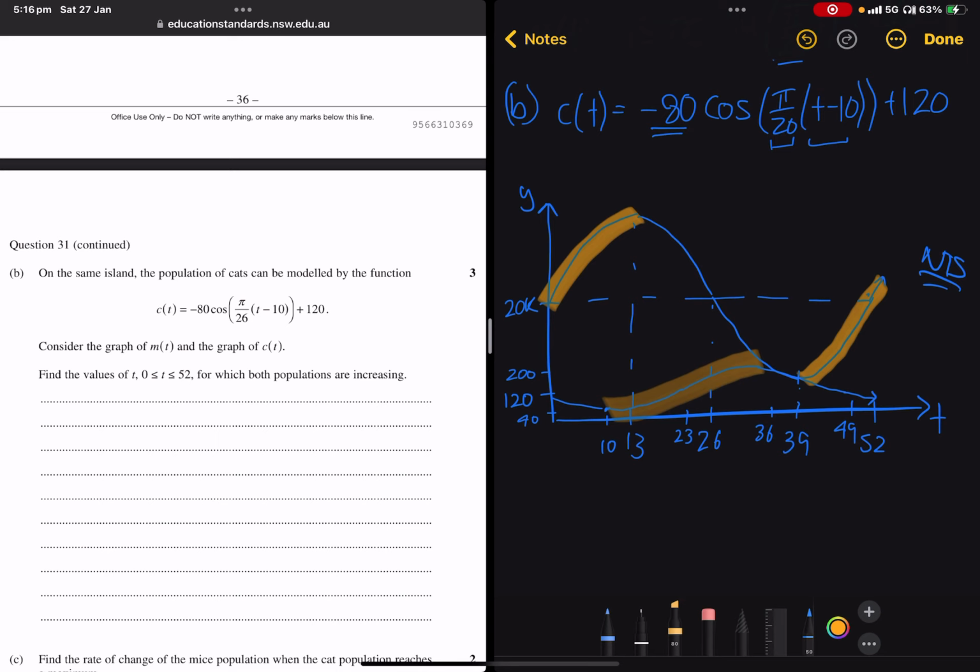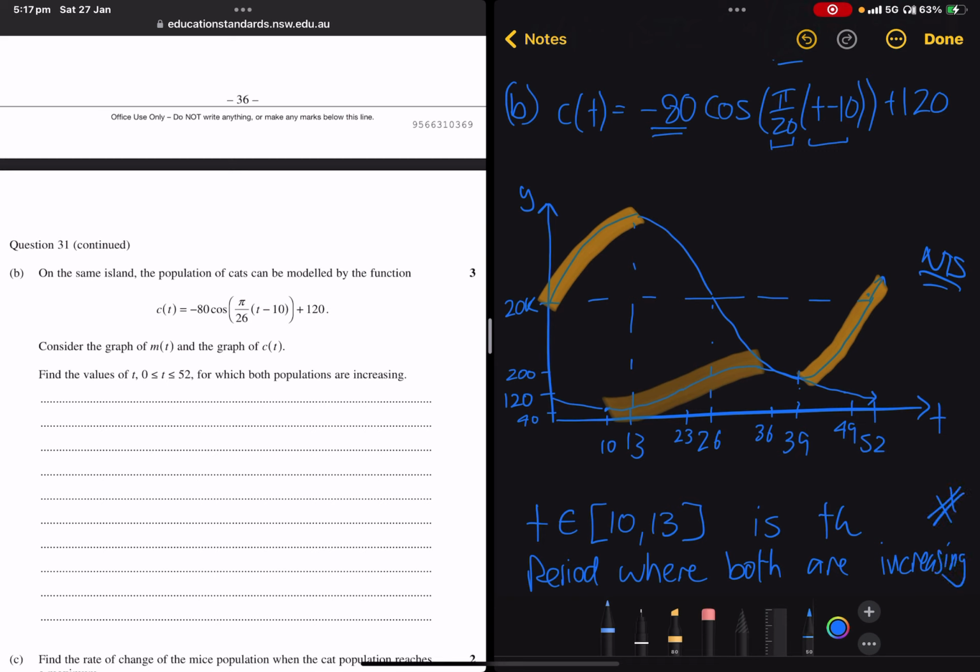The populations are actually going down at every other point apart from the range between t is 10 and t is 36. So we find that t included in the set 10 to 13 is the period where both are increasing. And this is the answer that we're after.